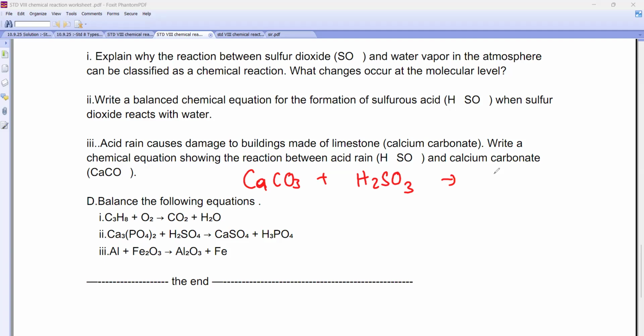Calcium will react with sulfite, so you get calcium sulfite. Then water. And which gas will be released? Carbon dioxide. Okay, so this is the equation. And we have to see whether this equation is balanced or not. It is already balanced. Here 3 O and 3 O, 6 O; 3 plus 4 plus 2, 6 O. 1 C, 1 C; 1 Ca, 1 Ca; 1 S, 1 S. Easy.